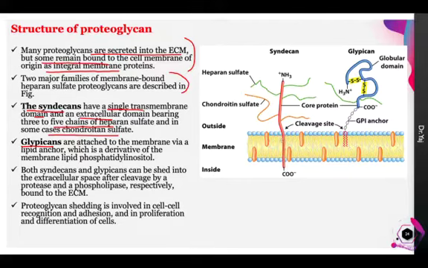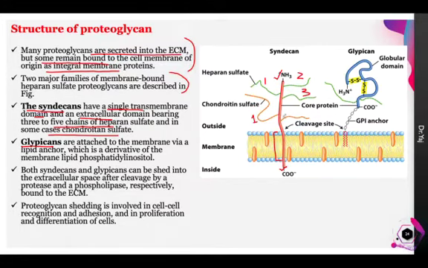So let us look at the structure of Syndecans again. So we have a transmembrane protein. So this is the transmembrane domain, this is the extracellular domain, and this is the intracellular domain. In Syndecan, what happens? You have 3 to 5 heparan sulfate, and in some cases you also have a chondroitin sulfate.